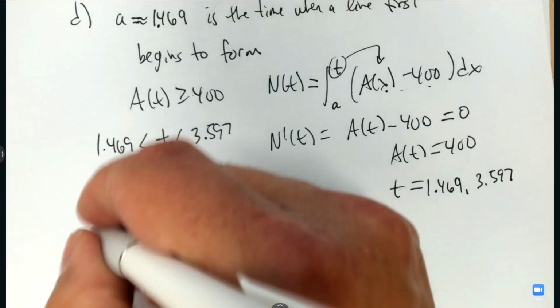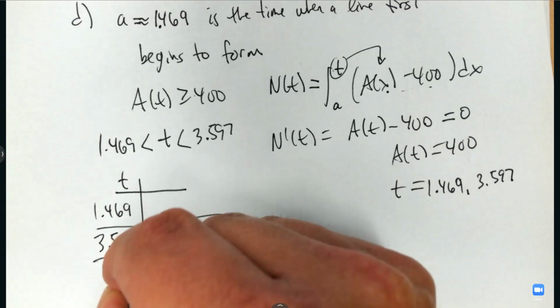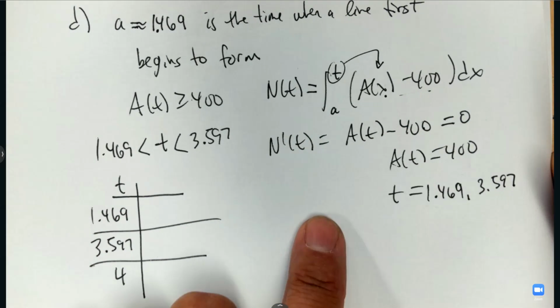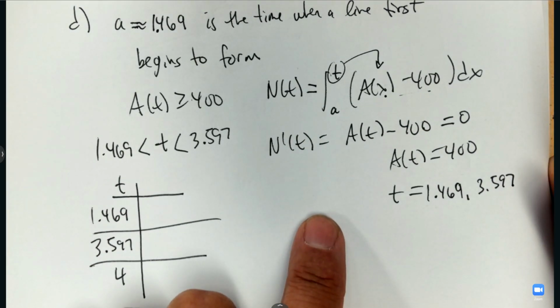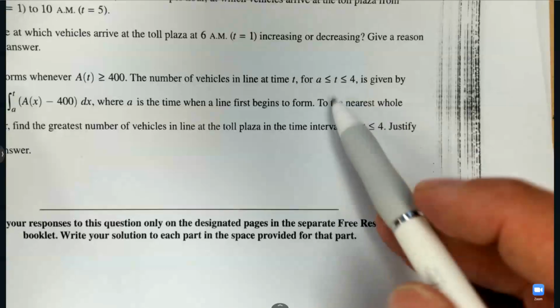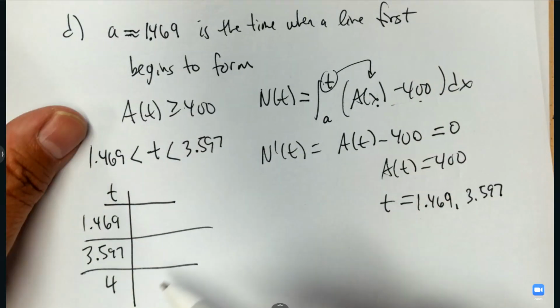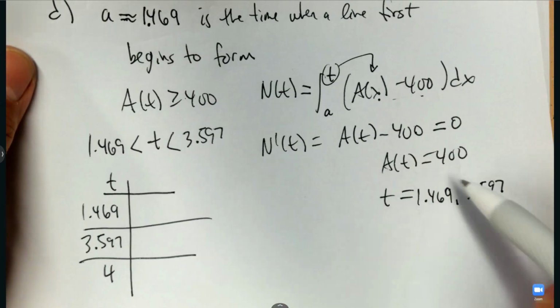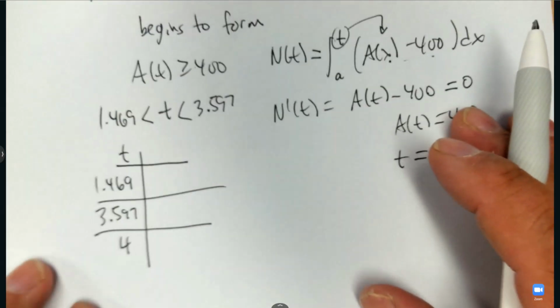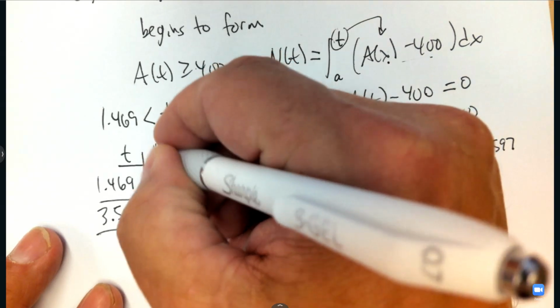Another critical number is 3.597. And the other end is 4, the right end. So when you read the question, it says from A to 4, those are the ends. And we said A was 1.469, so the other end is 4, and the critical number in the middle is 3.597.